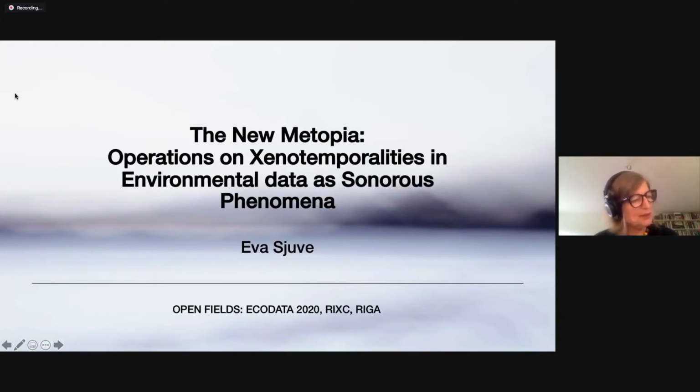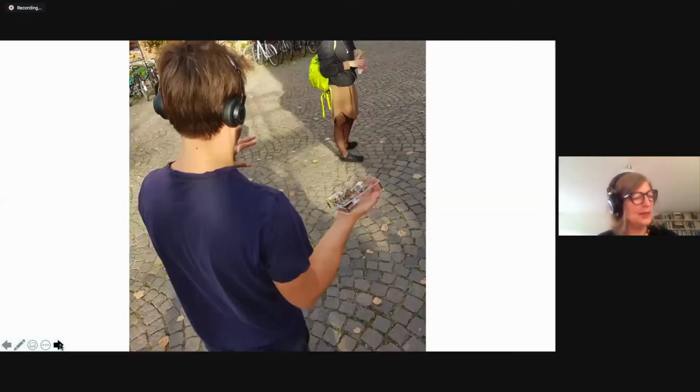So I've been working with polluted data from atmospheres in urban surroundings to create various forms of sound worlds with these portable and embodied interfaces to let the audience explore the surroundings for themselves.